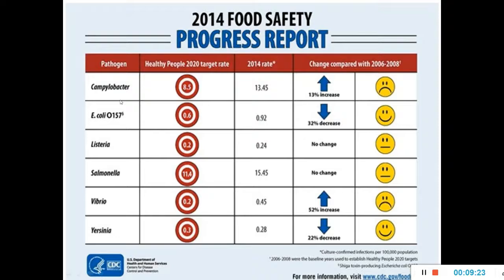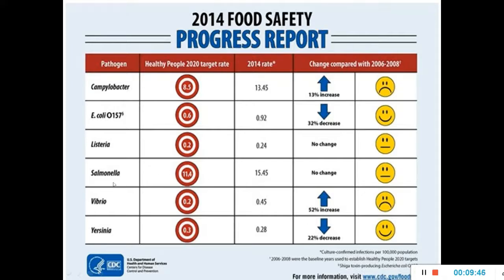As per the 2014 Food Safety Progress Report, there is a 13% increase in Campylobacter based infections, and for E. coli O157 there is a 32% decrease, whereas Vibrio and Yersinia show different trends. Vibrio infections have been found to increase, and Yersinia has decreased by 22%.